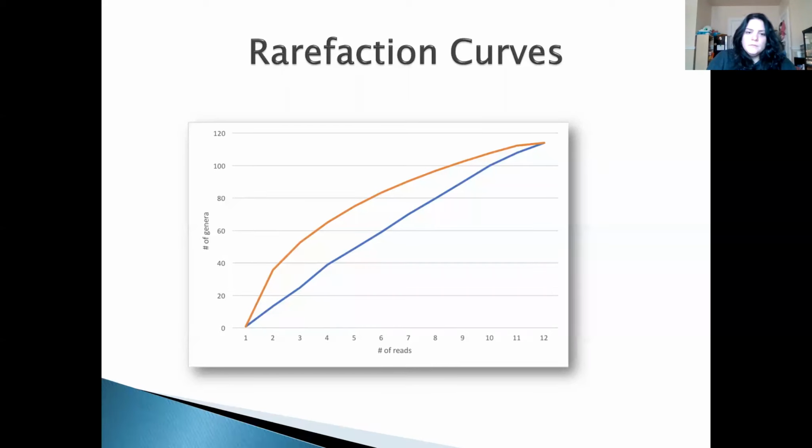The blue. The orange? Yes, good. The orange has higher diversity, because you can see that for every new read I get, and this should be times 10 or times 100, I get a new or different genera. Okay, so it has a higher diversity.